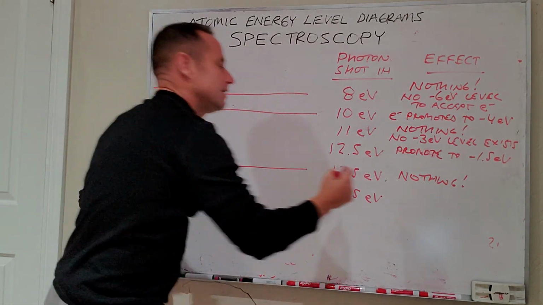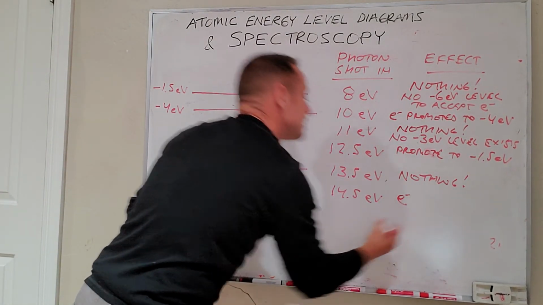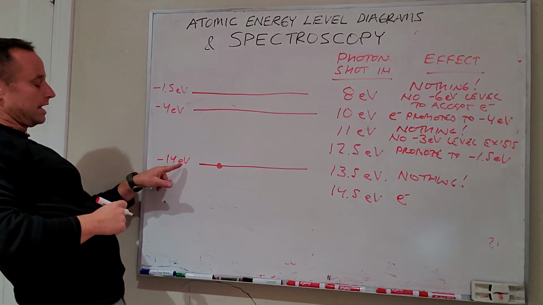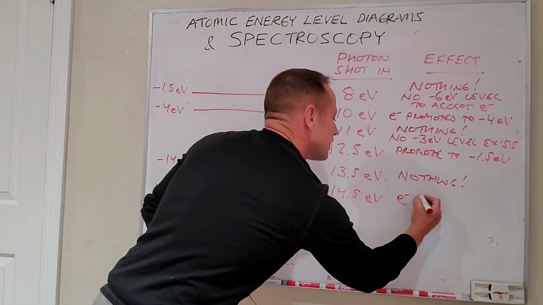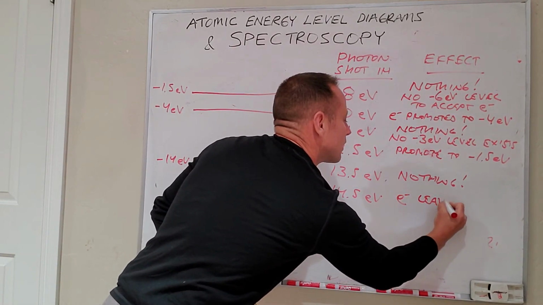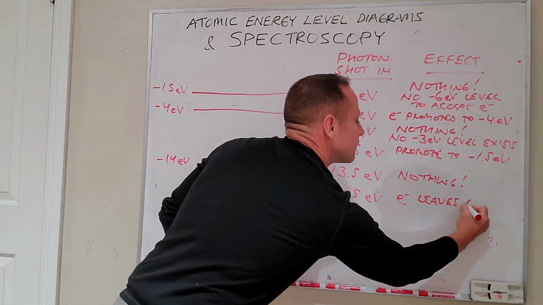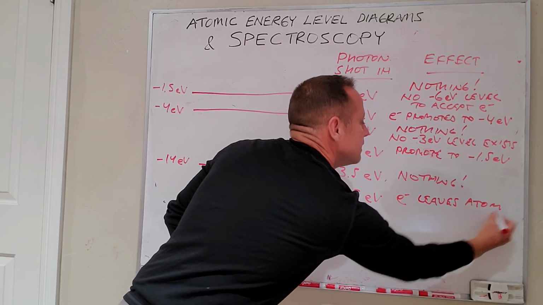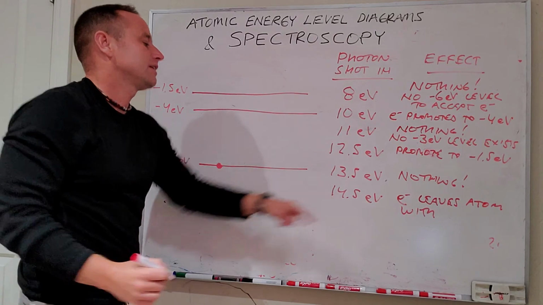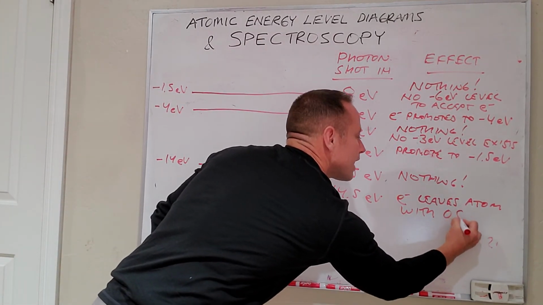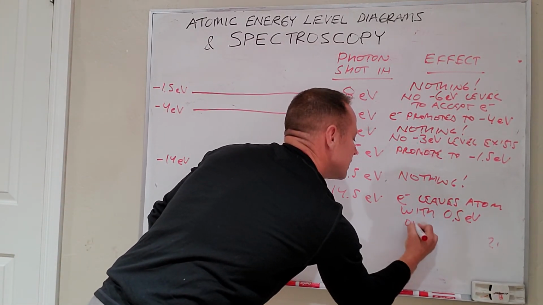So what's going to happen here is the electron leaves the atom. You've actually given the electron enough energy to get out of the atom. You've ionized the atom. So the electron leaves the atom with, you can see, half an eV left over. So it's going to have 0.5 eV of KE.